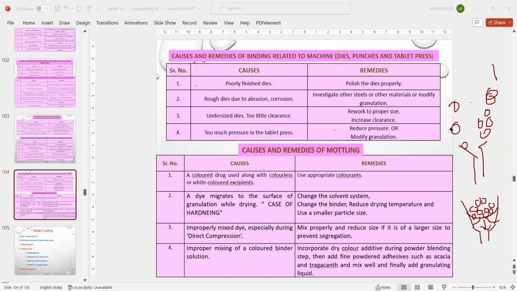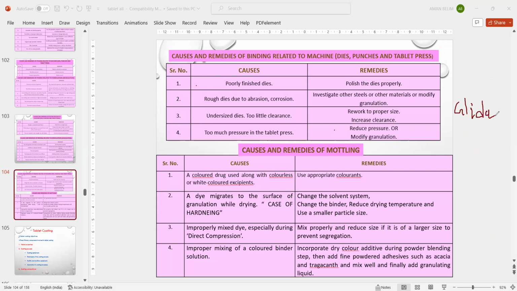A suitable glidant. Yes, and which one is the most widely used glidant? Yes, talc is the most widely used glidant.